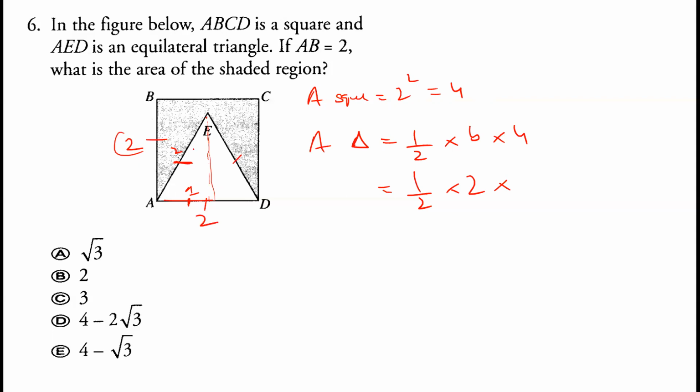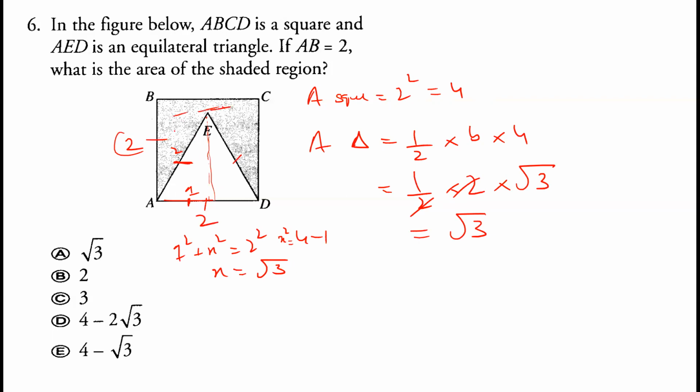Now, by using the Pythagoras theorem, 1 squared plus x squared equals 2 squared, so x squared equals 4 minus 1, and x equals under root 3. So the 2 and 2 cancel, and we get the area of the triangle as under root 3. So what is the shaded region? The total area is 4. We just subtract the area of the triangle, that is under root 3. So the correct option is E.